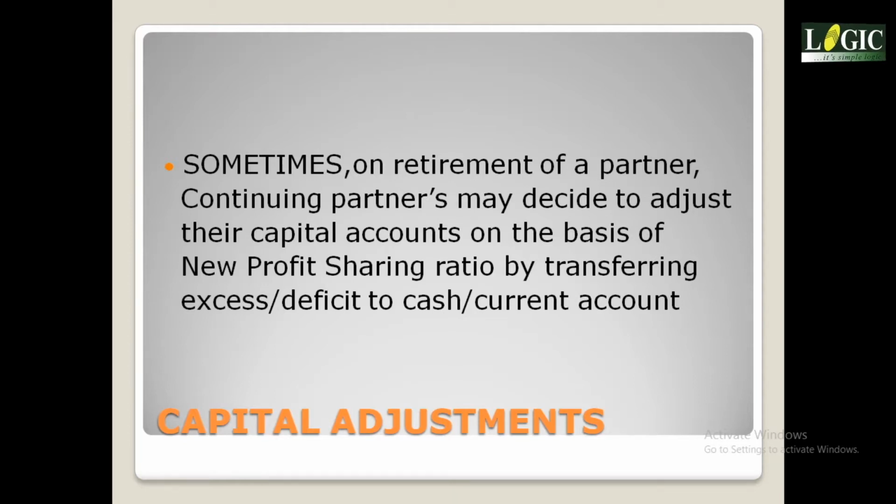In the columnar capital account, the continuing partners' capital accounts will be balanced towards the end, but for the retiring partner, there is no point in balancing his account because he is putting a full stop to his affairs with the firm. So in his case, whatever is the final balance figure, you will pay it either by way of cash or by transferring to his loan account.